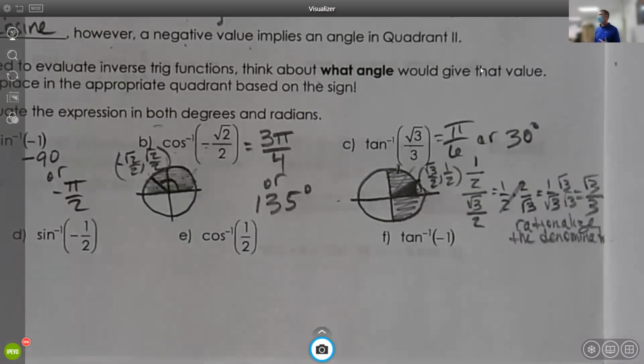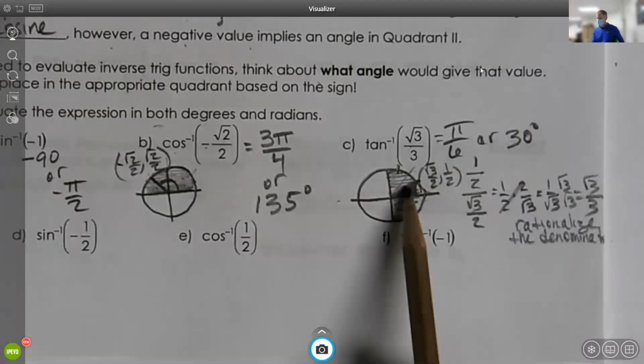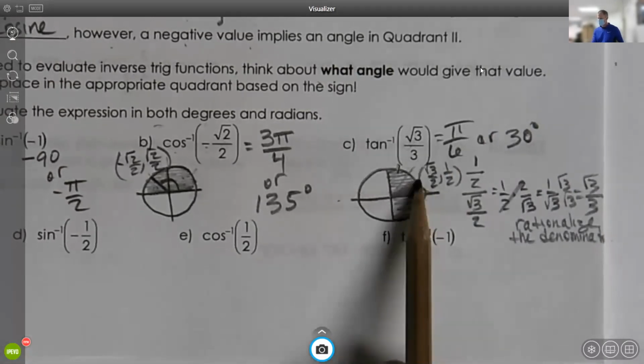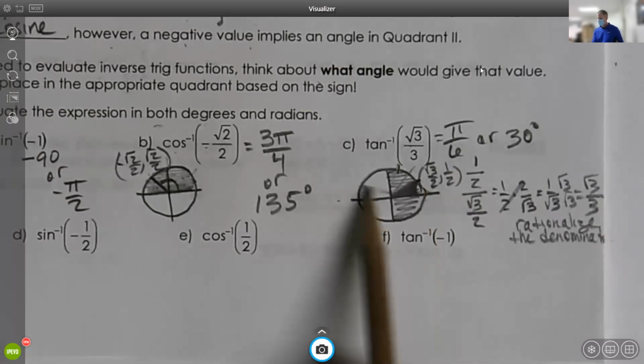Unfortunately, it's not like a 6 because it's pi over 6 is a radian, right? So then you start to play all these games with numbers. But root 3 over 3 for tangent's going to happen at any reference angle of 30 degrees. That's going to happen at 30, at 150, at 210, and at 330.